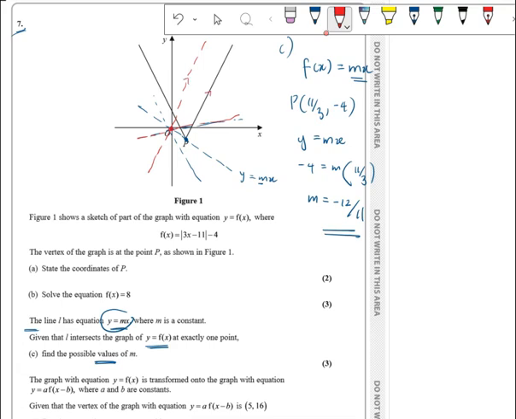When it is parallel to that part of the graph, that's when it will meet at only 1 point. As long as it is still on this side, it's going to meet at 2 points, and the gradient of this line is 3. That means when m is greater than or equal to 3, it's going to meet at exactly 1 point.